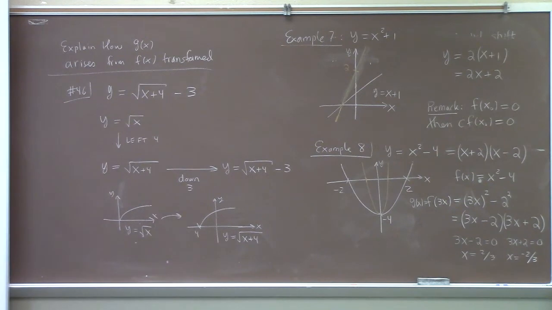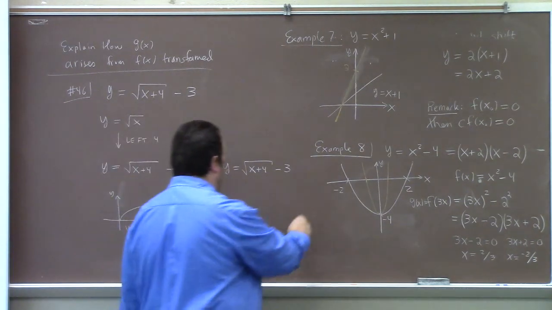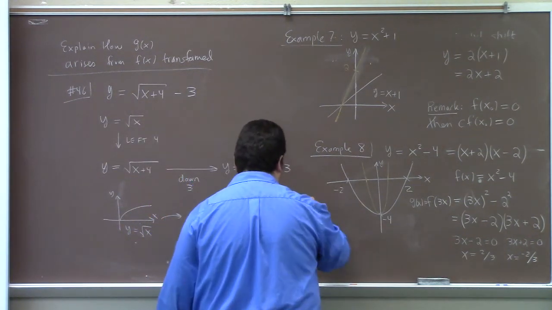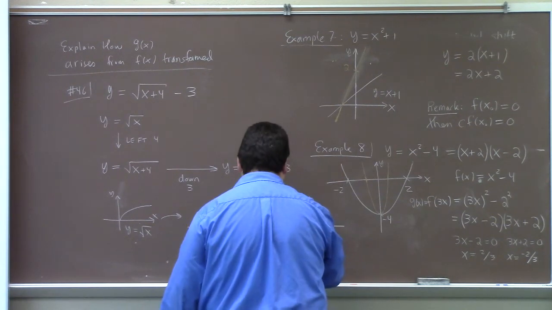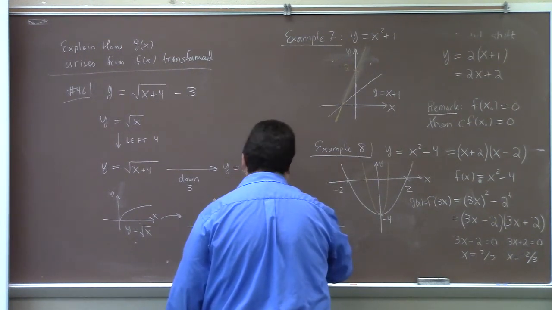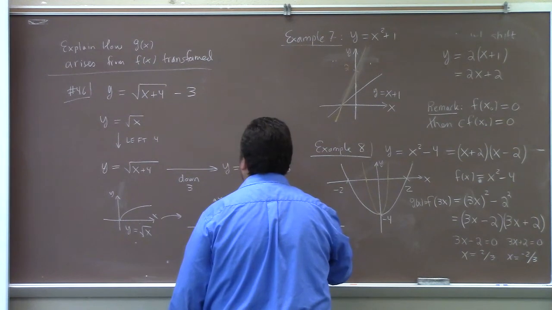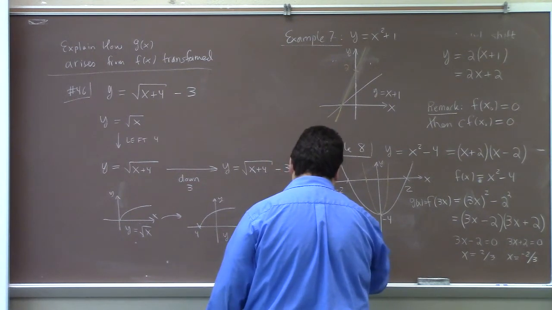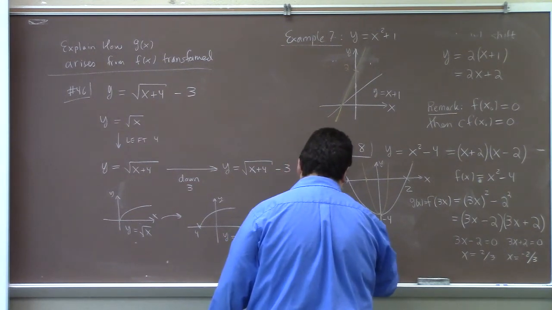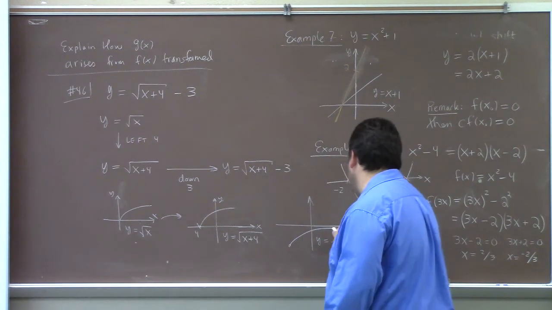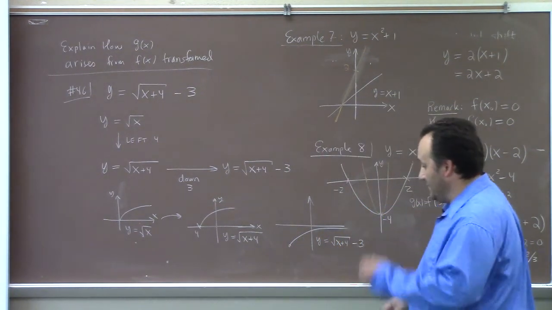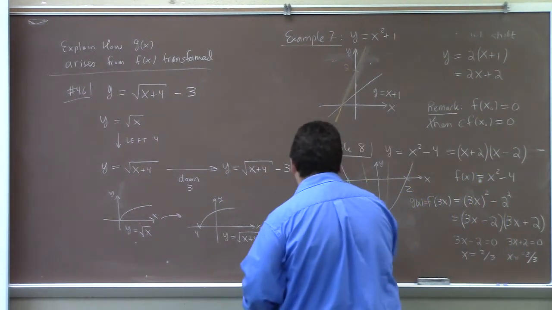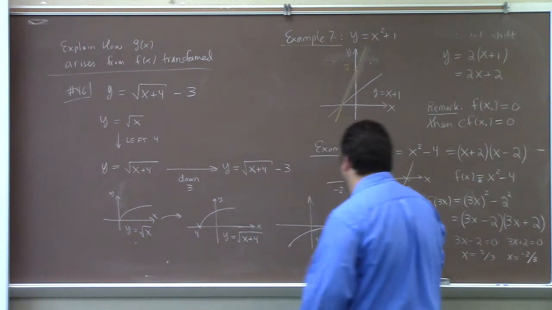Going down 3. So it looked, I mean, I'm not quite right. It would cross the x-axis eventually. I'm not sure exactly where, but something like that.